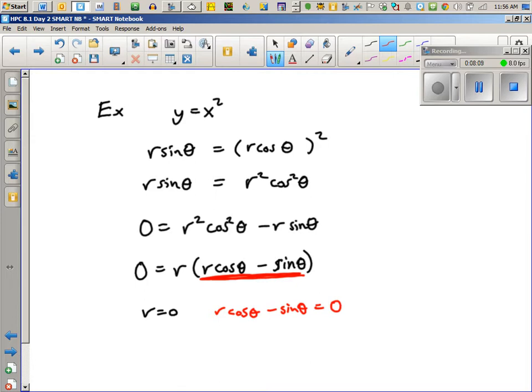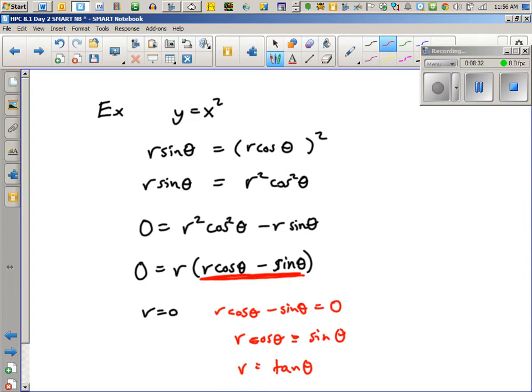Okay. So this gives me basically r cosine equals sine, and let's divide both sides by cosine. So r equals tan. What happened to the cosine squared? What happened to my square on the cosines?